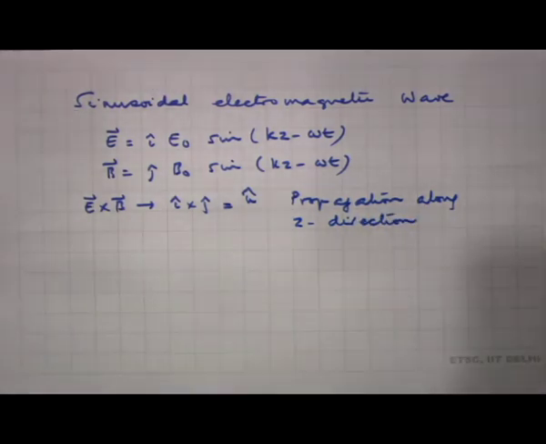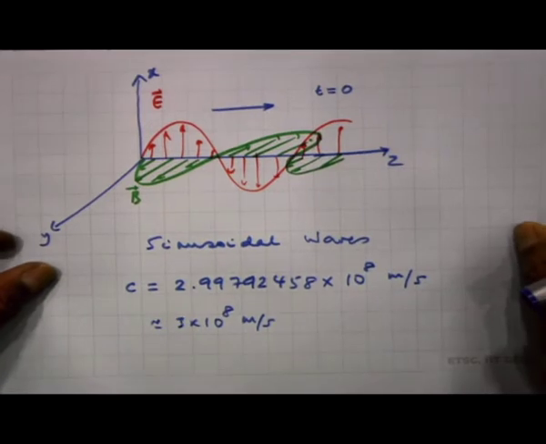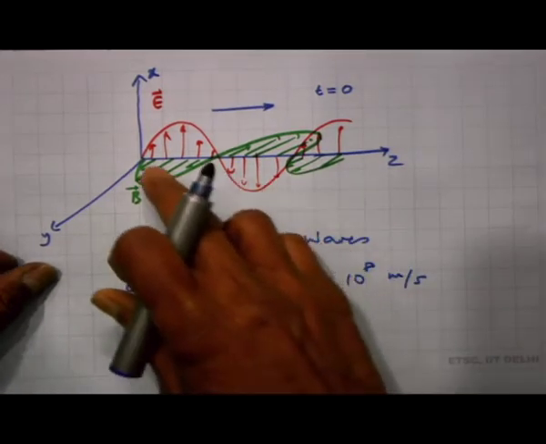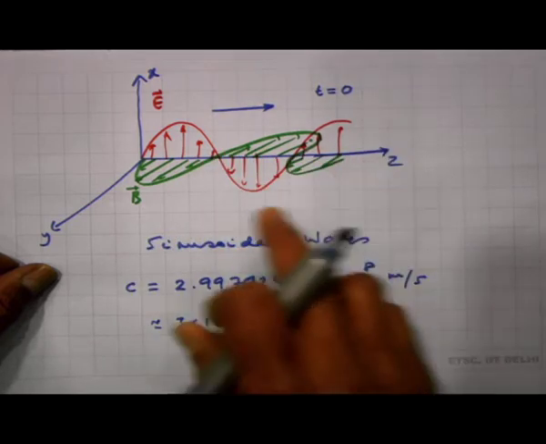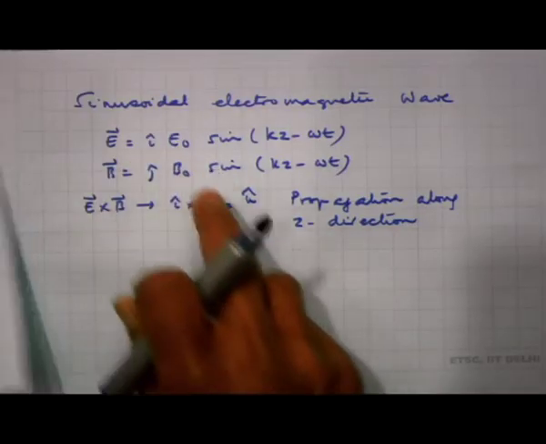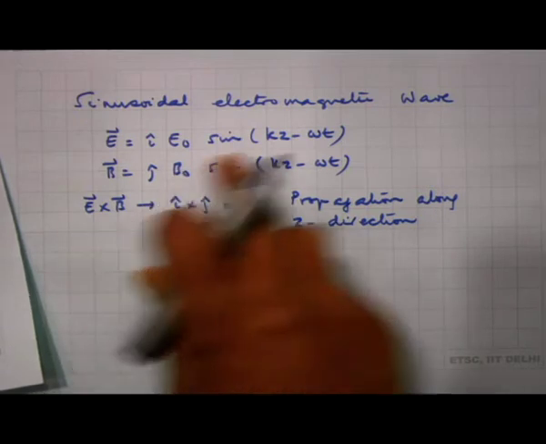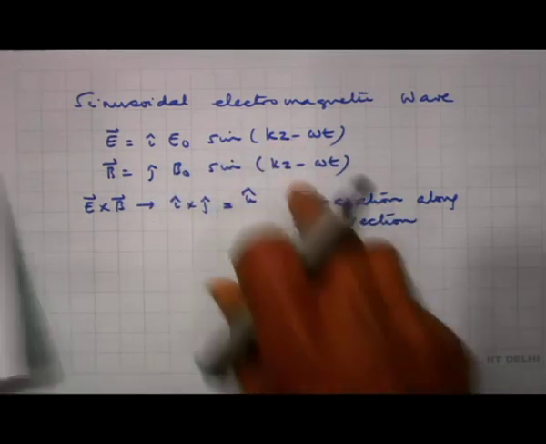So, this is what this figure represents: E cross B must be along the propagation direction. So, this is a wave propagating along the z direction, having magnitude E naught of electric field, a magnitude B naught of magnetic field, both of them in phase.